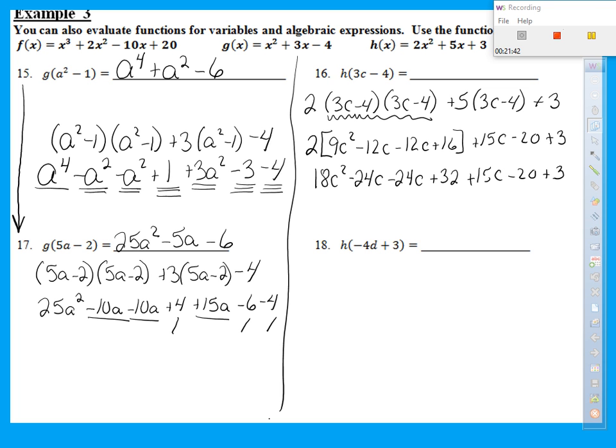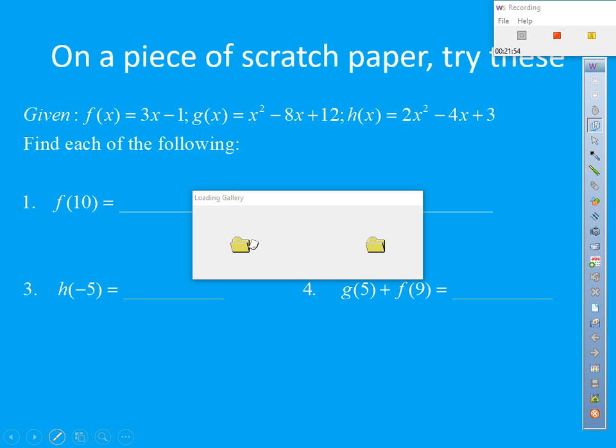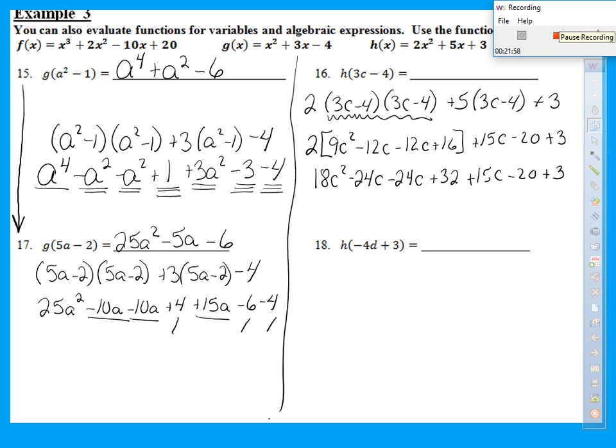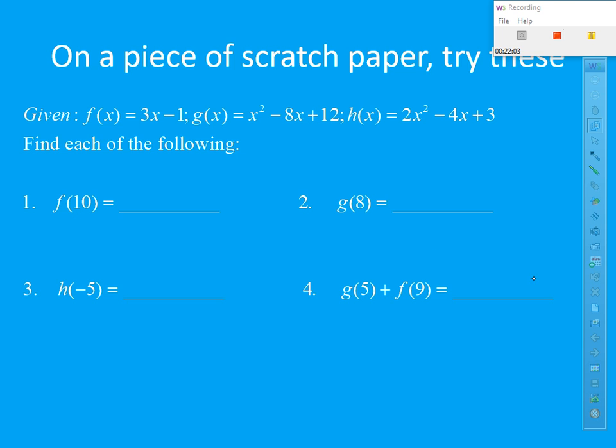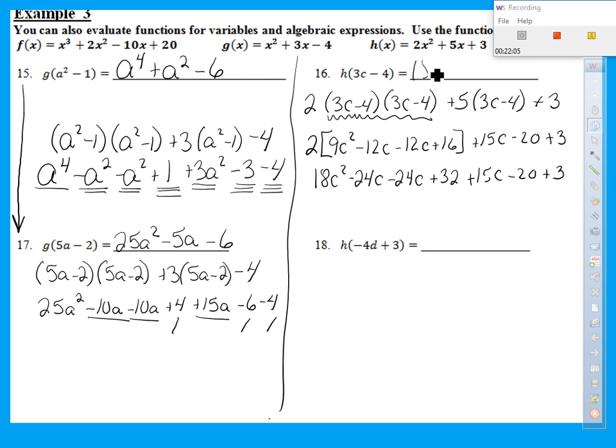Now let's go get our answer. The highest squared I see is 18c squared. Okay, so let's go combine your like terms. So I spy an 18c squared. Now, in your calculator, let's combine negative 24, and positive 15.